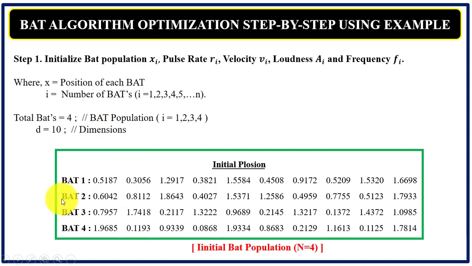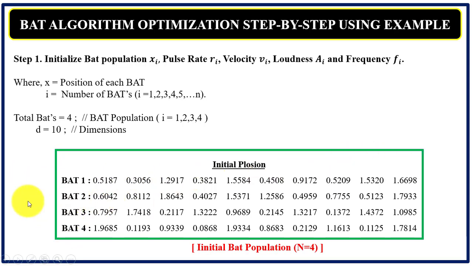So when you will apply the code according to these parameters, you will get this initial bat population. As we are using here 10 dimensions, so you can see here we have 10. So this is for the first bat, this one is for the second bat, and this one is for the third bat, fourth bat.